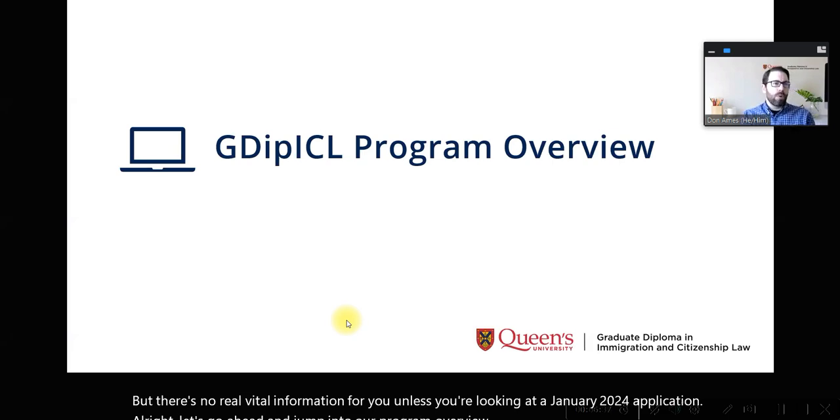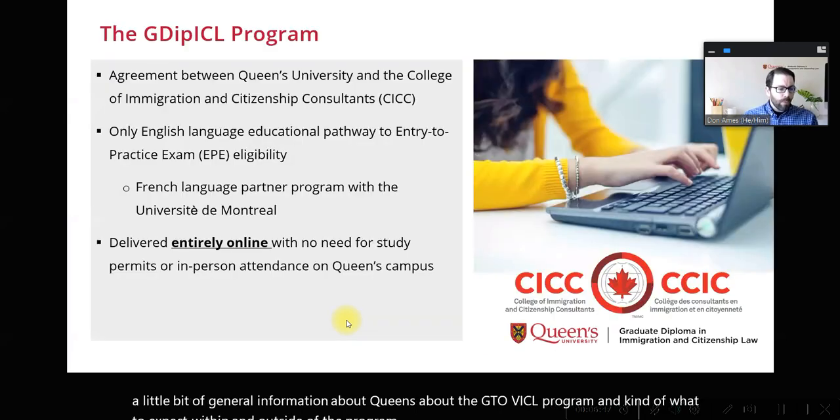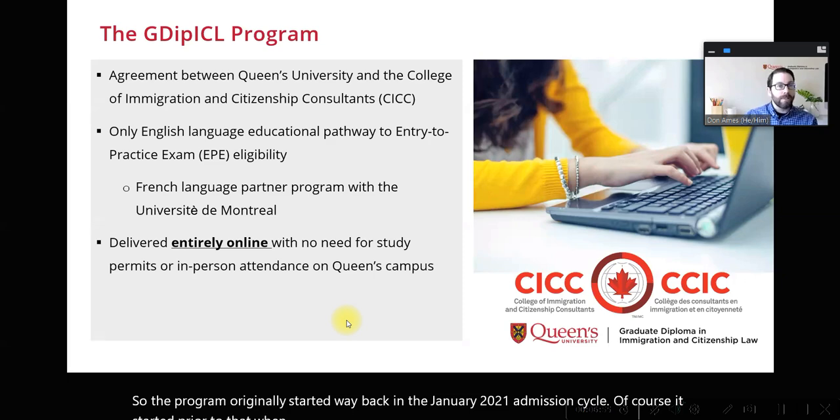So this is a section where I give you a little bit of general information about Queen's, about the GWICL program, and kind of what to expect within and outside of the program. So the program originally started way back in the January 2021 admission cycle. Of course, it started prior to that when there was an agreement struck between Queen's University and the College of Immigration and Citizenship Consultants, or the CICC for short.